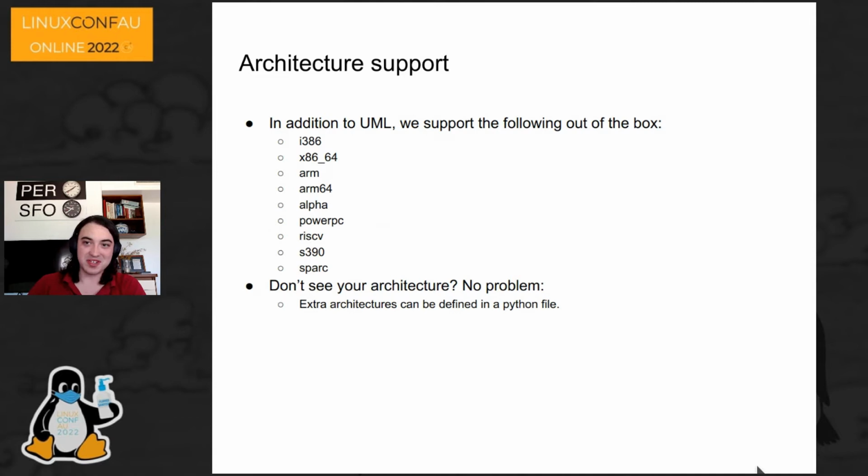At the moment, we support quite a few architectures, all of the really popular ones, I think. x86, ARM, Alpha, PowerPC, RISC-V, S390. There are actually some S390 specific KUnit tests. And it's quite easy to add new architectures.